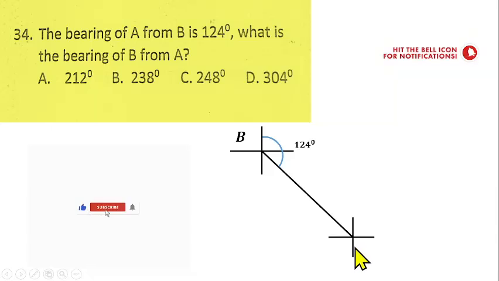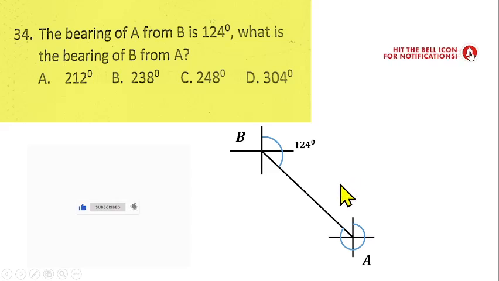Put a cardinal point here for point A. Then from there, we are now to get the bearing of B from A. That will be the angle from the north down to this line that is joining them together. So our aim is to find the bearing of B from A. How do we find that?